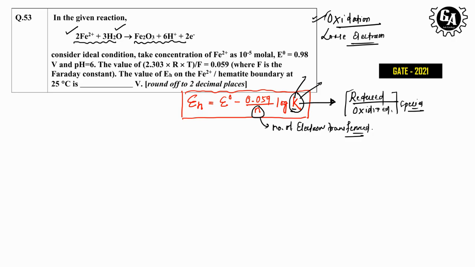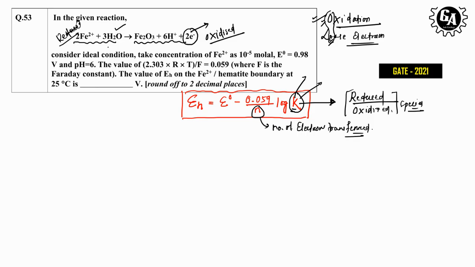Simply the formula OIL: oxidation is loss. So when an electron is getting lost, that species is oxidized. In this case, the right side part is losing electrons, meaning electrons are getting out. So this is the oxidized species, and this is the reduced species.